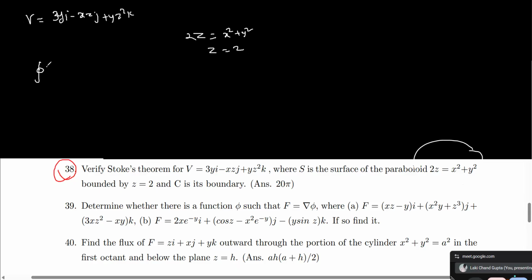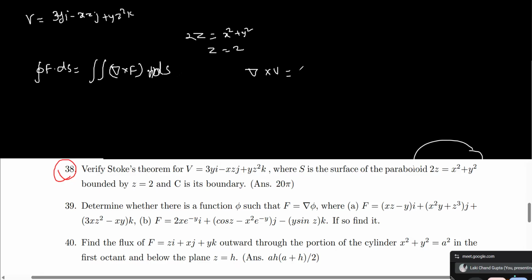Whenever you are going to integrate F dot dr, you integrate curl of F dot dS, right? Understood? So first we find curl of V. Here F is V.